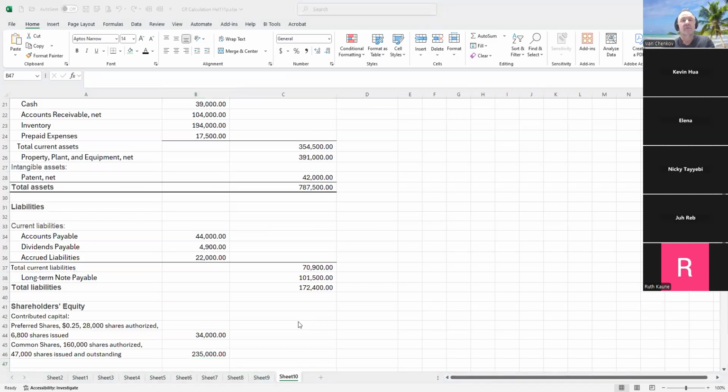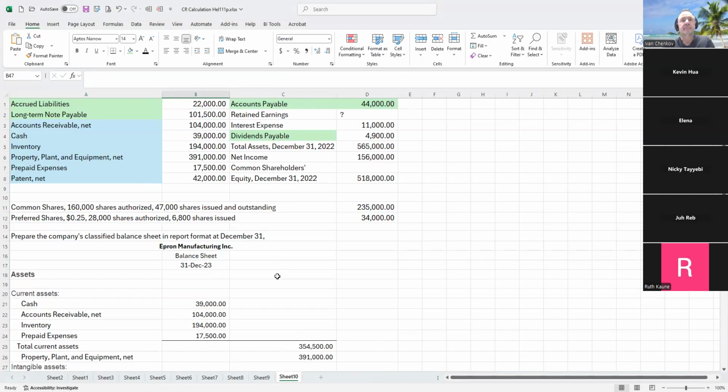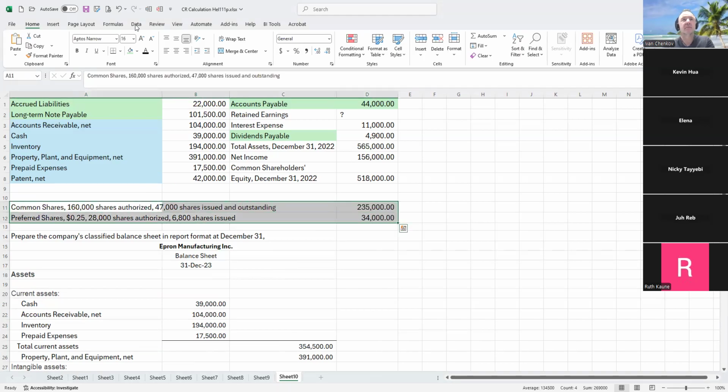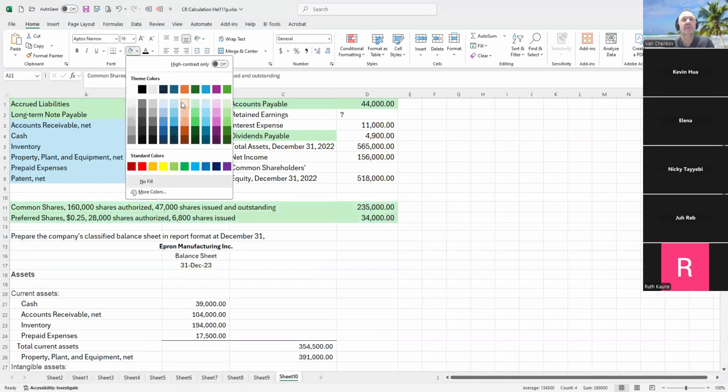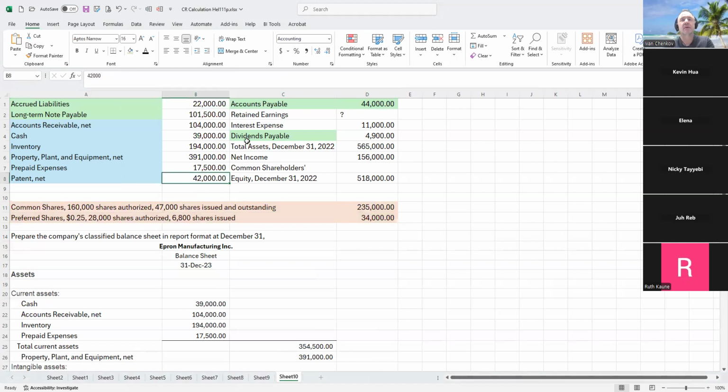So once we get those two, what's the next thing that we have to do? Those are done. What else do we have to play with? What's left for us? Interest expense, we said without. Total assets, that's not needed. Net income, we don't care.